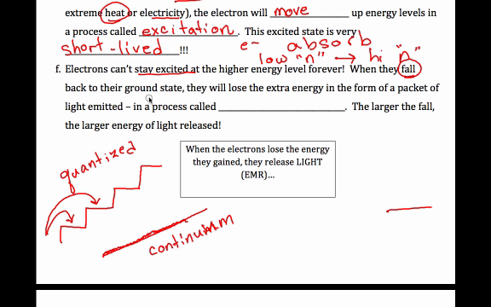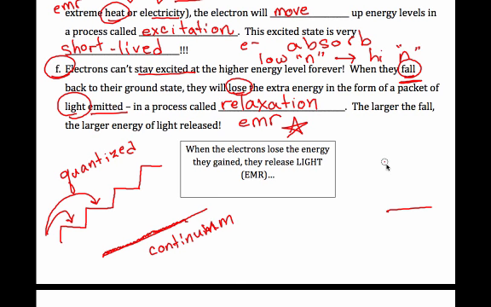And in the process, they will lose or emit energy. It could be electromagnetic radiation, heat, or electricity that excites them, but when they fall down, it's always released or emitted as electromagnetic radiation. And this process is called relaxation.